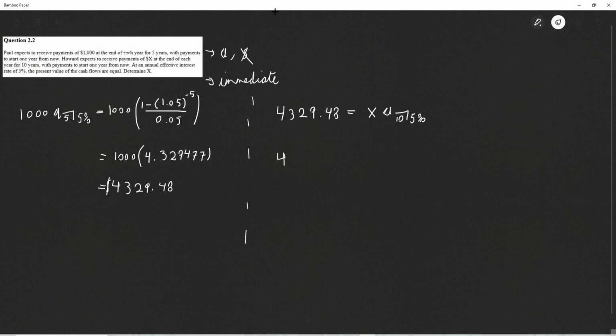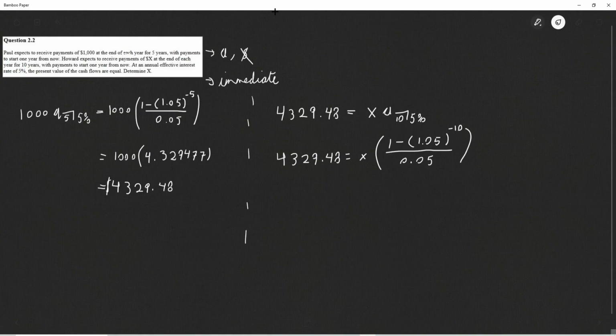So following the same steps as before, we can just solve our annuity. So we have 4,329.48 is equal to X multiplied by 1 minus 1.05 to the power of negative 10 this time, because our n is going to be 10, divided by our interest, which is still 0.05.